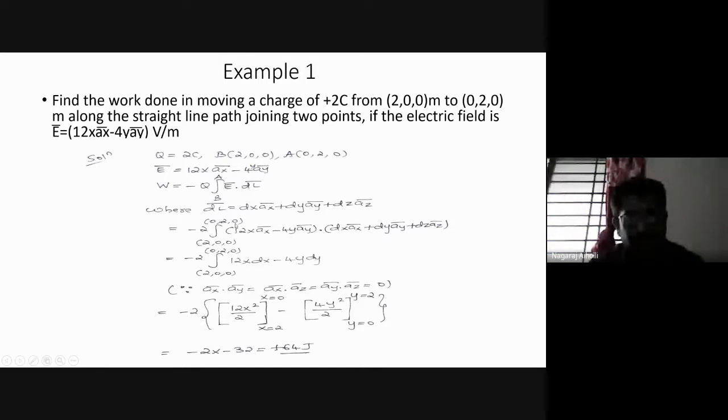E bar, substitute that, 12x ax bar minus 4y ay bar, dot with dl bar, that is dx ax bar plus dy ay bar plus dz az bar. What will be the dot product of this and this, students? Tell me.